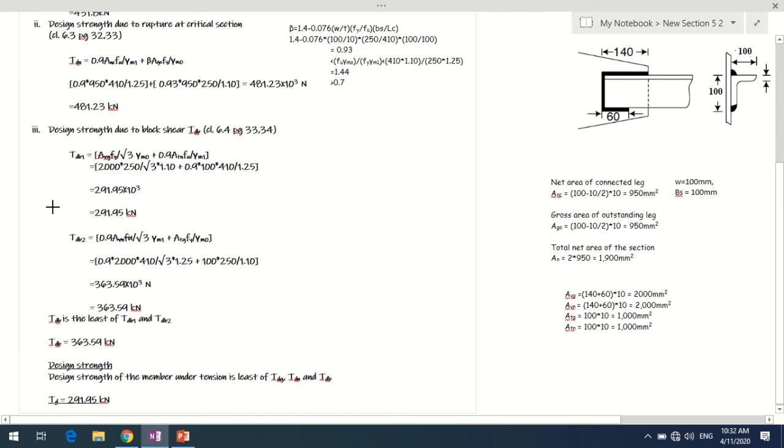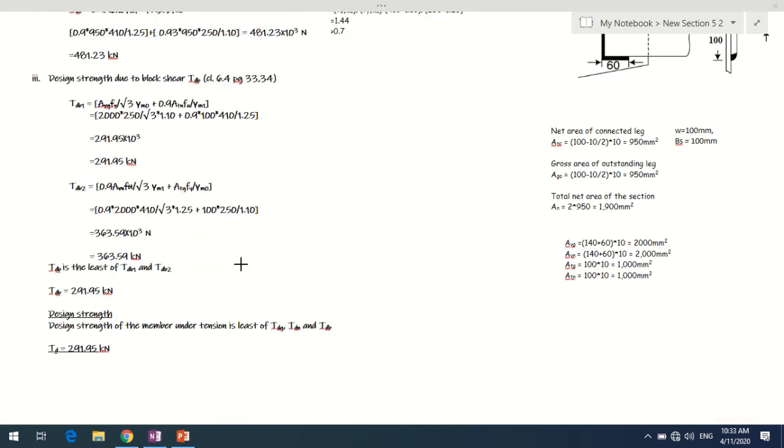And if I go for taking the rupture to be taking place along the shearing plane and yielding along the tension plane, from that calculation you will find that the block shear strength comes out to be 363.59 kilonewtons.